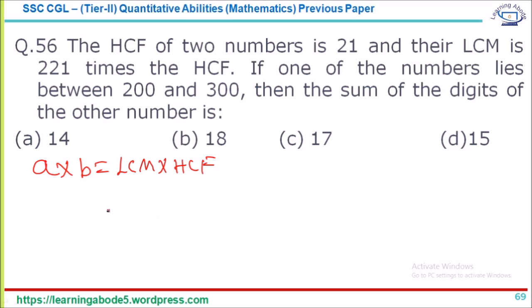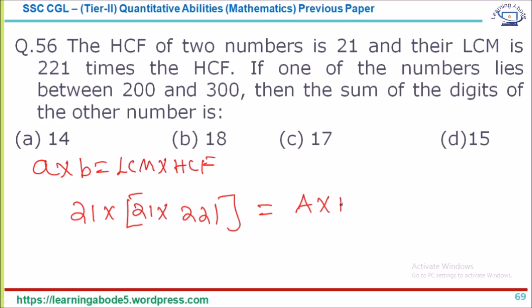Okay, so 21 is the HCF, and what is the LCM? 21 into 221, that is 221 times the HCF, that is the LCM. Now that is equal to the product of A and B, which is 21 into 13, you can write it as 21 into 13 and 21 into 17.